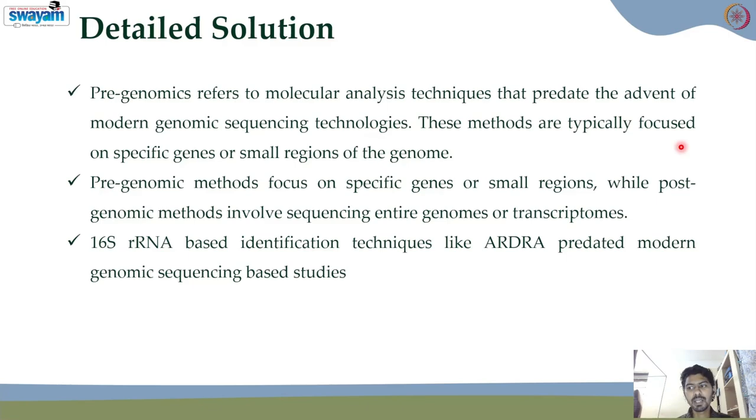These methods typically focus on specific genes or small regions of the genome, while post-genomic approaches involve sequencing entire genomes or transcriptomes. So among all the options, 16S rRNA sequencing predated modern genomic sequencing.